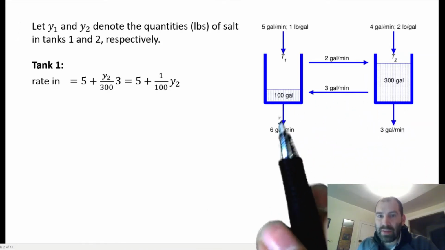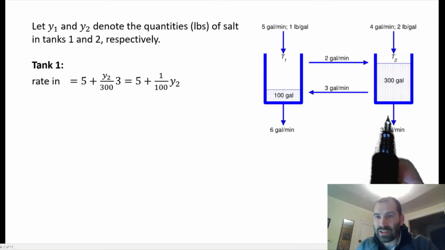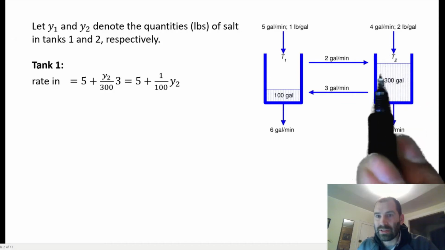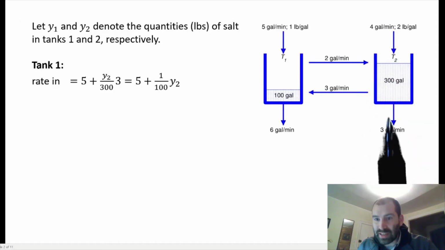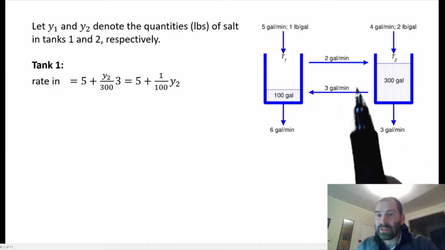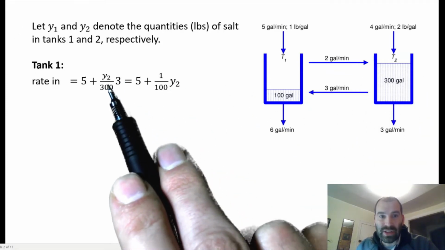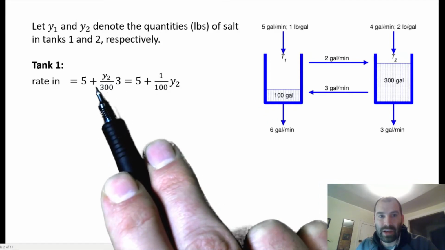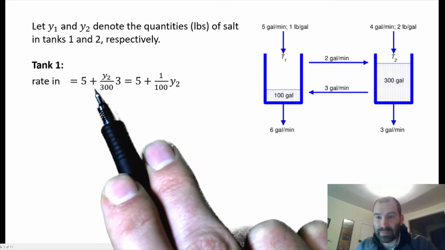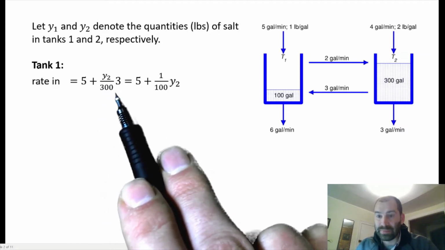Notice that the amount of fluid leaving tank 2 is, there's 3 in this direction and 3 in this direction, and that's a total of 6, and there's 4 in this direction and 2 in this direction. That's a total of 6. So the fluid level's remaining constant, and that's why I can just put a constant down here in the denominator. The fluid level's not changing. If the fluid level were changing, we'd have to think a little bit more about this.